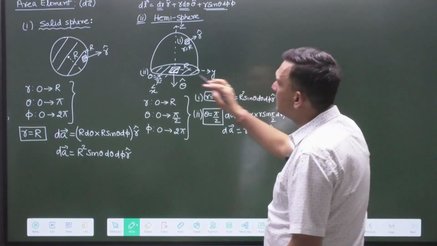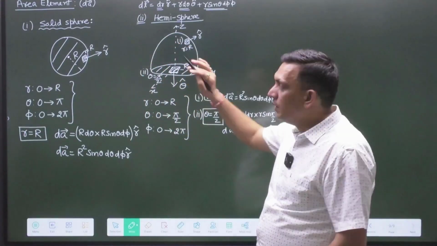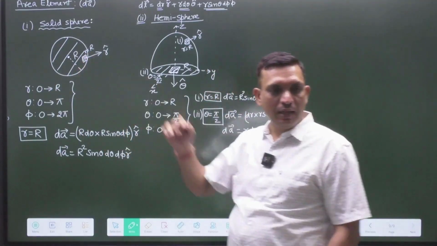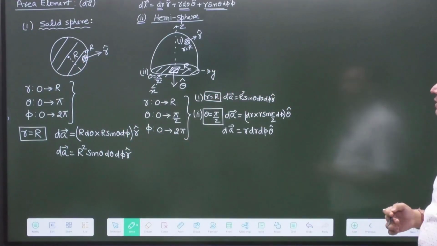Hemisphere. So these are all part of a sphere. When you have a sphere or part of a sphere, you can specify r, theta, phi, and you can write on different surfaces what the area element will be.